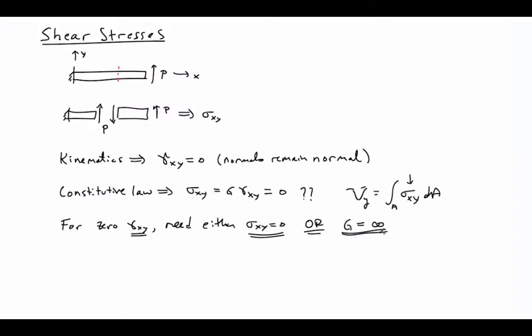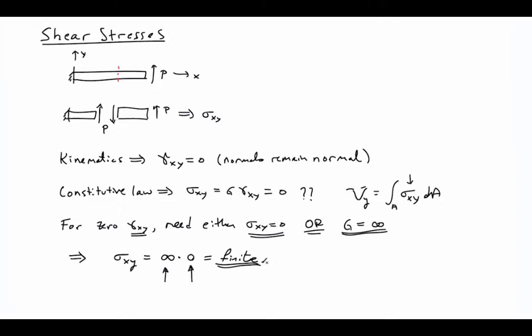And if you have an infinite shear modulus, then you can have 0 shear strain multiplied by an infinite modulus and still get a finite value for the shear stress. That's really what's going on here, and it's a peculiar fact of the assumptions that we've made. We have no shear deformation, and that forces us into this odd situation where we have 0 times infinity giving us a finite number.